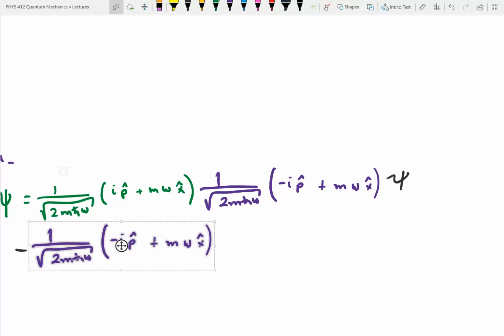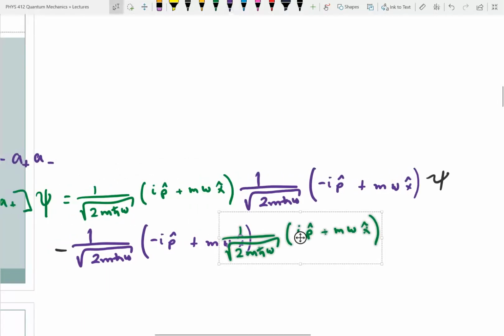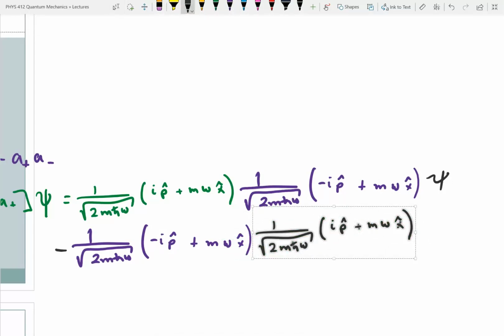It is nice to copy and paste, right? Oops, I want to keep that green.